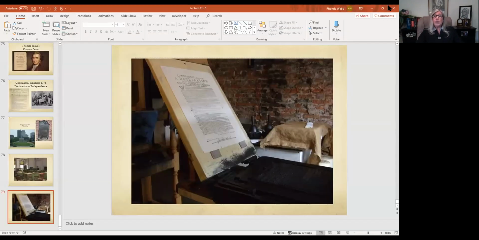So let me stop sharing. So there it is, chapter 5. We began with the French and Indian War, where the colonists met together under the suggestion of Benjamin Franklin, saying we need to work together as a unit. Let's think back to that Iroquois Confederation.